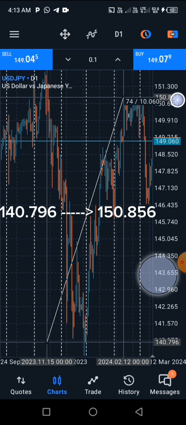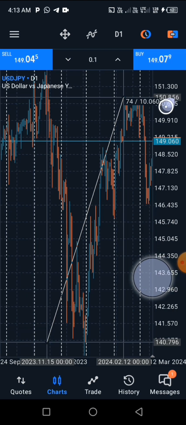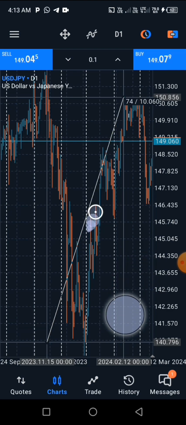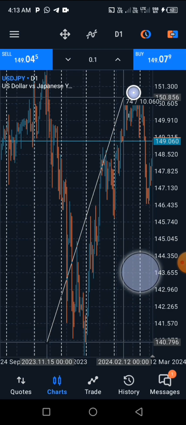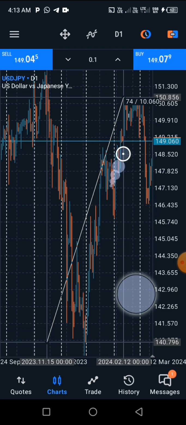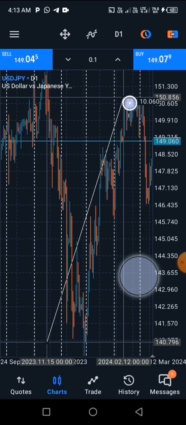Remember that the 6 is a pipette, so we don't take cognizance of that. We neglect it. This 74 means the number of candles that have been displayed. So that is the meaning of the 74.